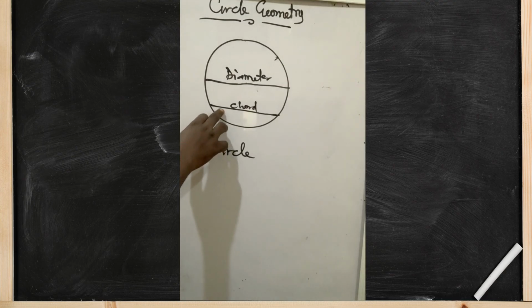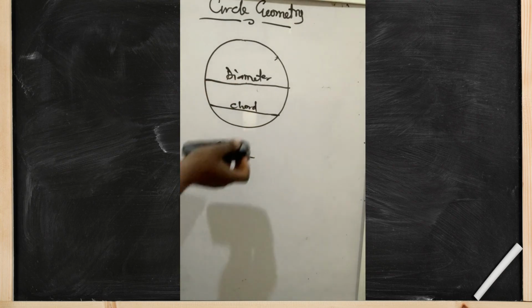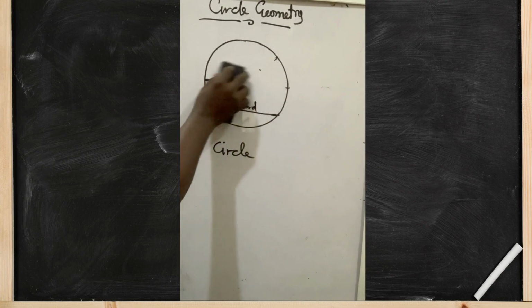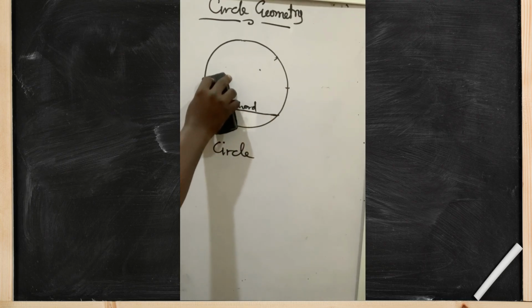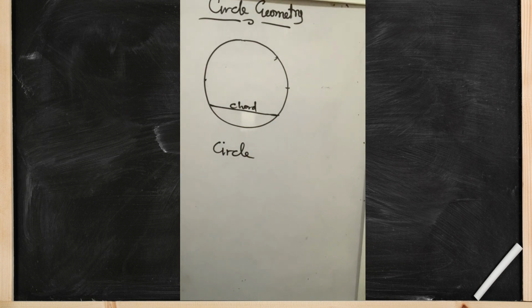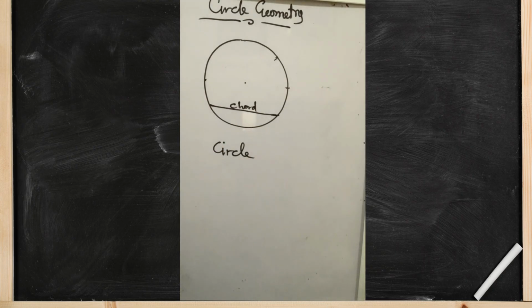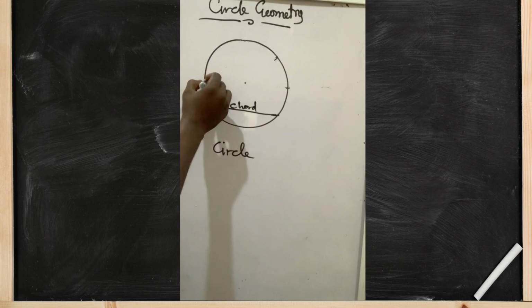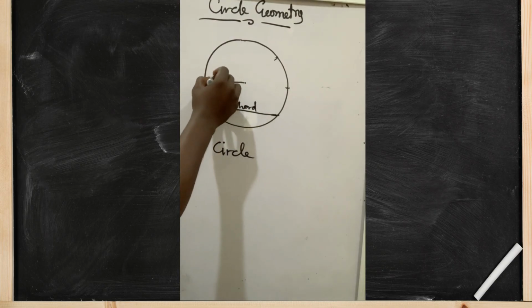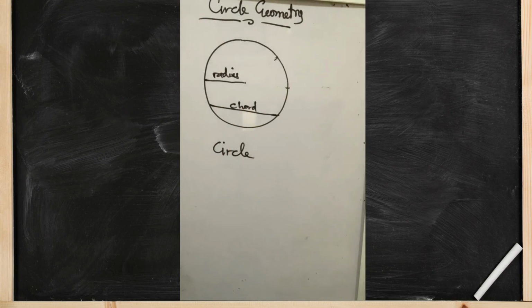But the line that just divides the circle into unequal parts is called a chord. Now, another thing I want to establish here is that half the distance of the diameter is called the radius, meaning half of the diameter is called the radius.